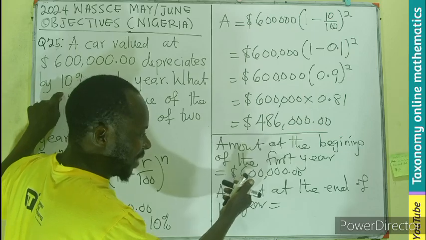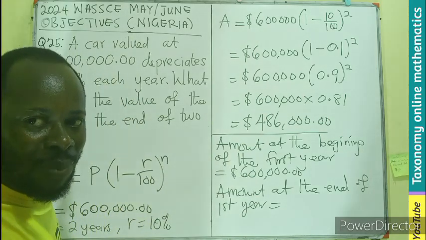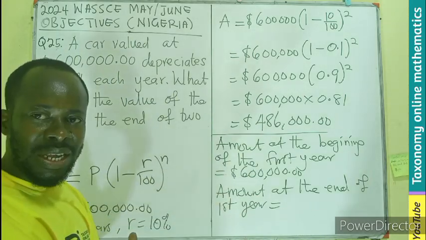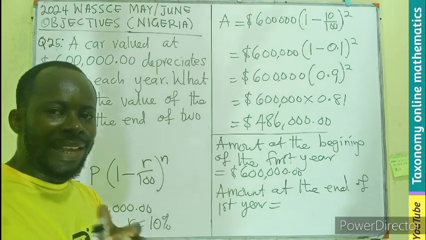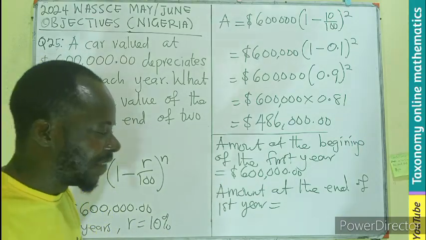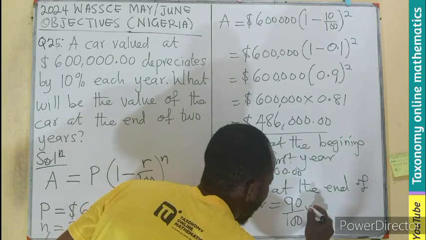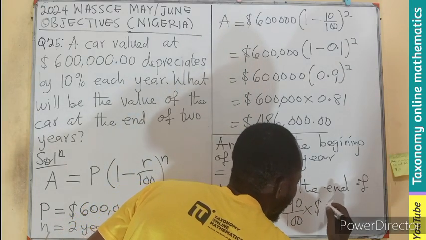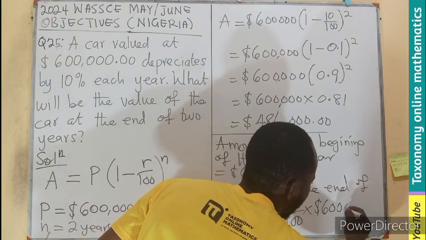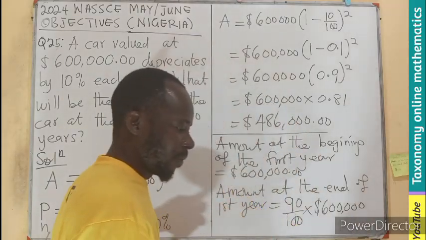The original price corresponds to 100%, then the reduction is 100 minus 10, which gives us 90%. So we have 90% times the value at the beginning, which is 600,000.